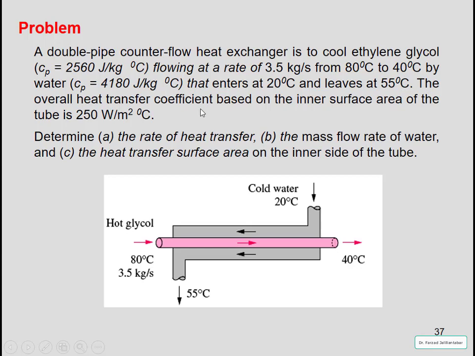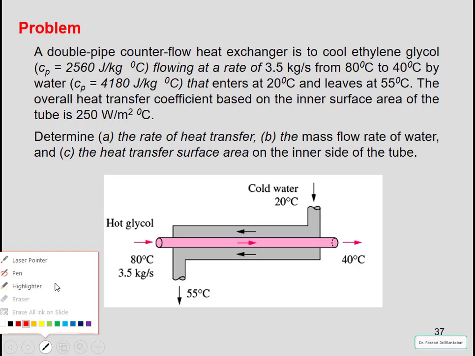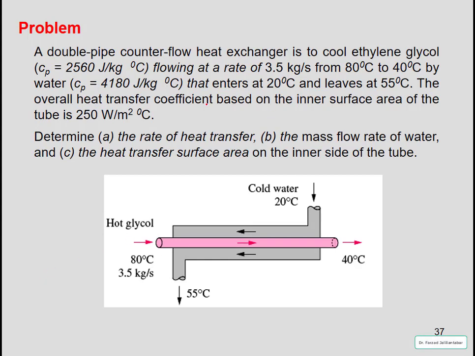The overall heat transfer coefficient based on the inner surface area, in other words UI, this UI is the overall heat transfer coefficient based on the inner surface area of the tube, and which is 250 watt per meter square degrees Celsius. So we have UI.